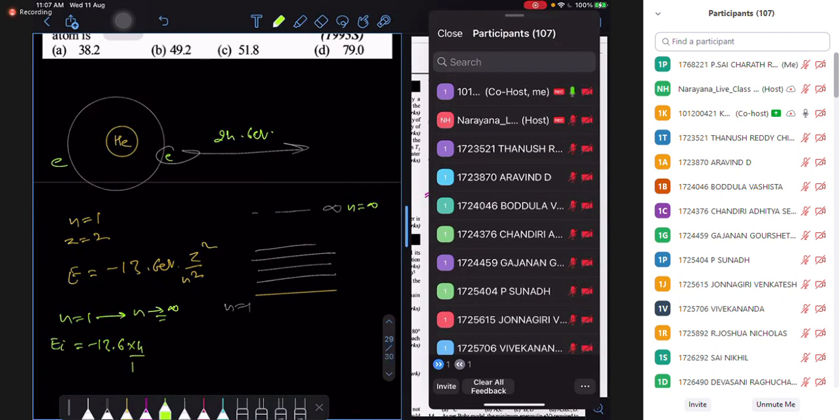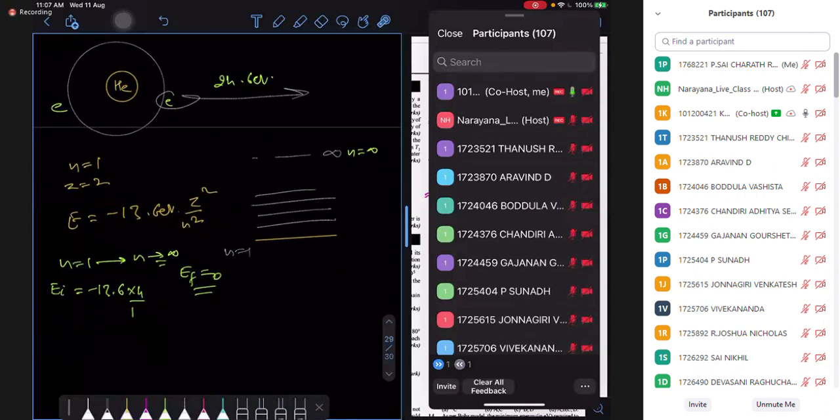And what is the final energy? You want to take it to infinity. At infinity, final energy is 0. So how much energy is required? This required energy is plus 13.6 into 4. And that is the energy required for the second electron only. Okay? Not the total here.